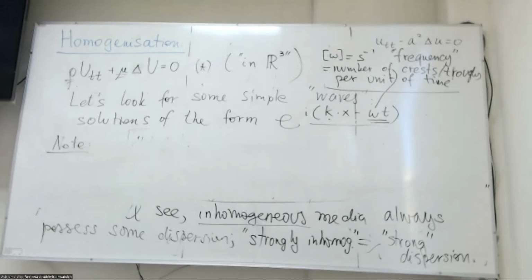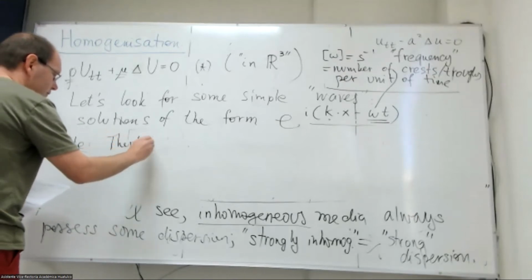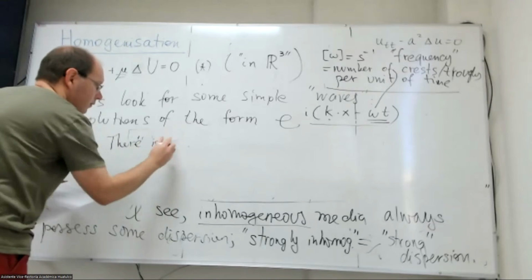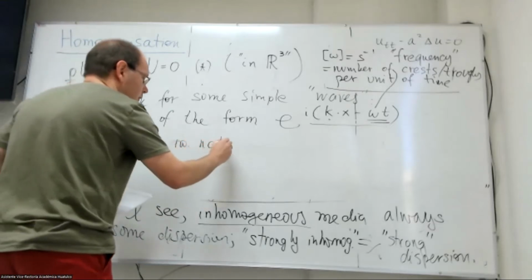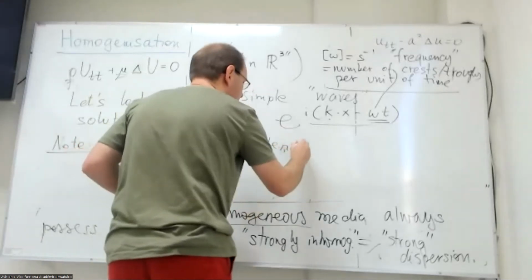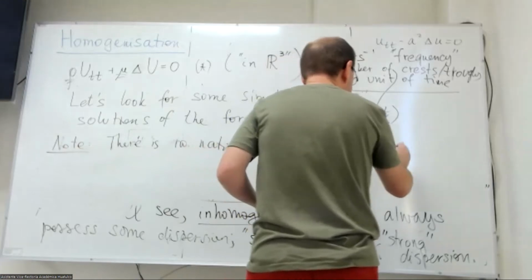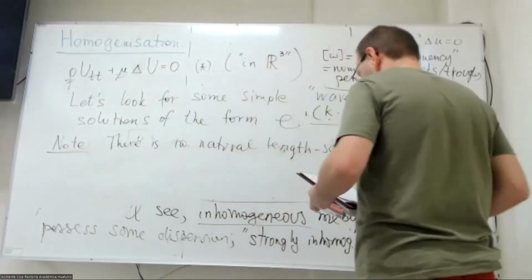The fact that the medium is homogeneous results in having to observe that there is no natural length scale except the wavelength.